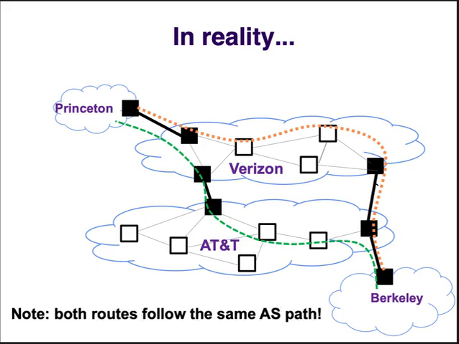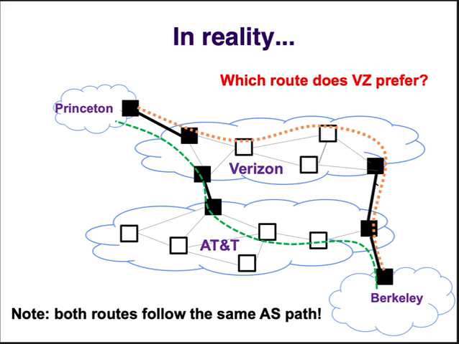Which route do you think Verizon would prefer between these two? The California route, the orange one. Why? Okay, interesting. That's a valid argument, though not the one I had in mind. The proposed answer was that Verizon would prefer it because you're using your own router, so Verizon would like to have control over that part.